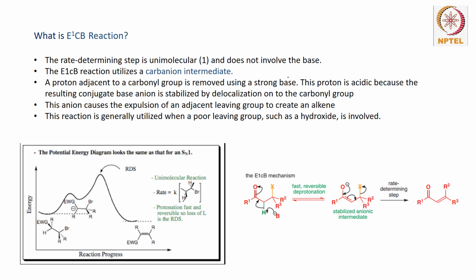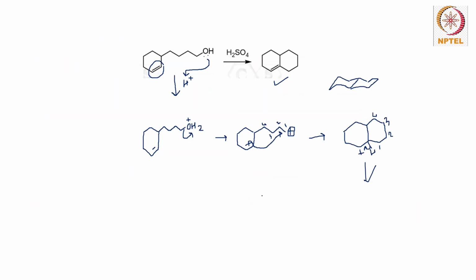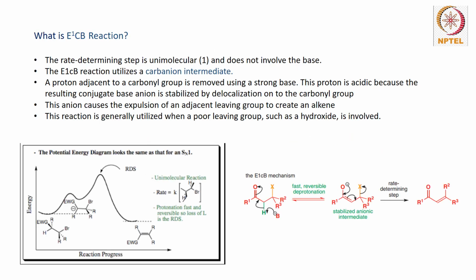In case of E1, what do we form? In case of E1, we form a carbocation. But in case of E1CB, we form a conjugate base, that is a carbanion. That is the difference.